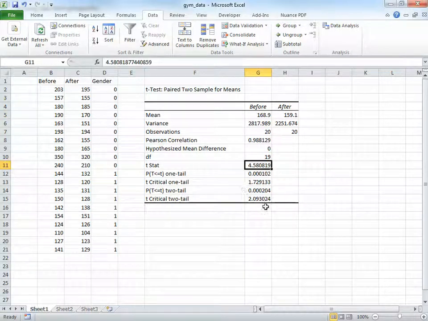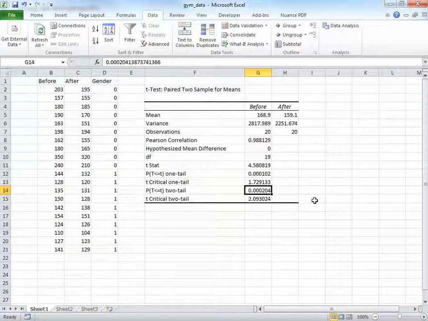Our t-statistic is 4.58. T-critical is 2.09. P-value is 0.0002, just as I had stated in the text. So in this case, we would say that yes, it appears that there is a statistically significant difference of those individuals participating in this weight loss program.